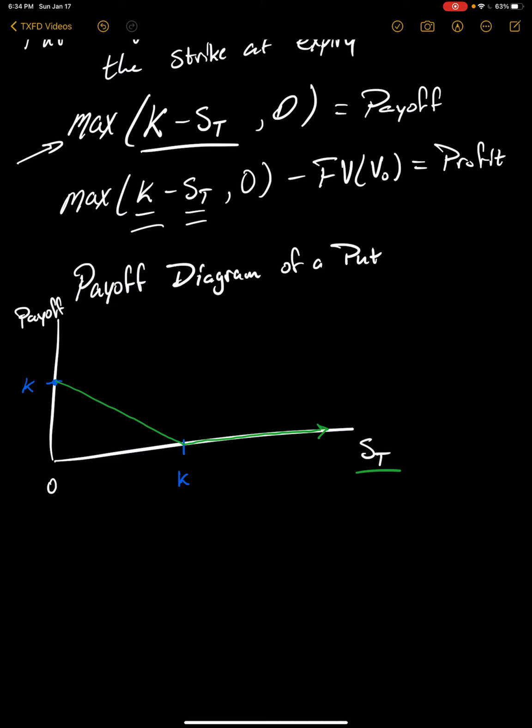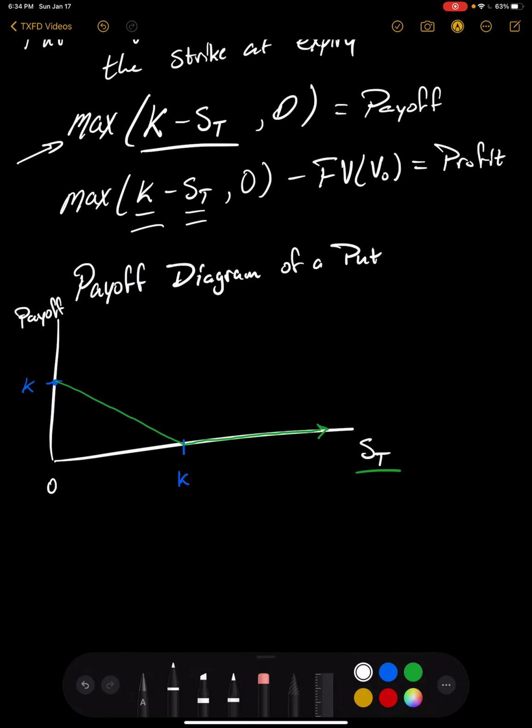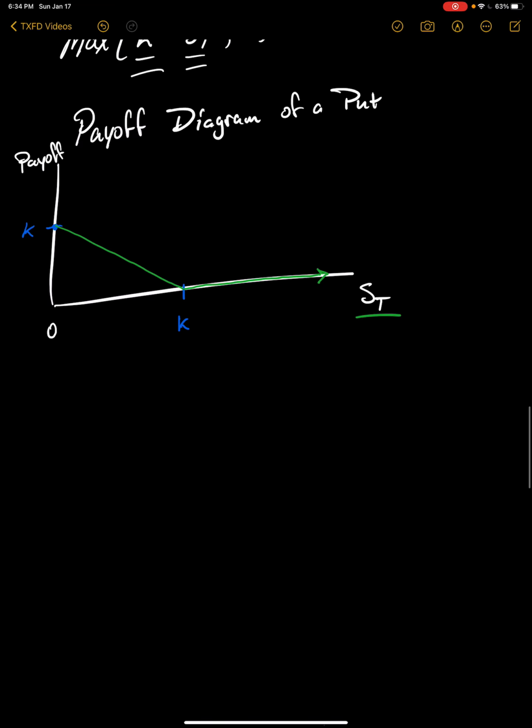So maybe those of you with eagle eyes realized that the put is a short position in the stock. And that's because you do better the worse the stock is doing.